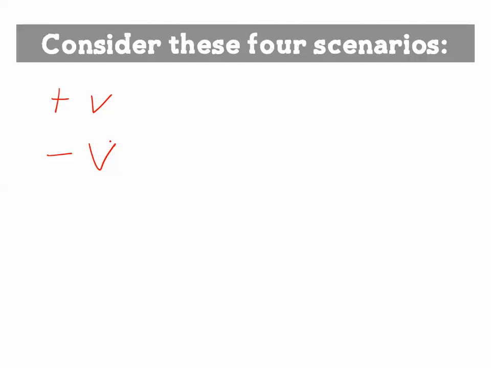And we could also have a positive acceleration, meaning I have a positive slope, and a negative acceleration, meaning I have a negative slope. So let me just draw all four of these scenarios.